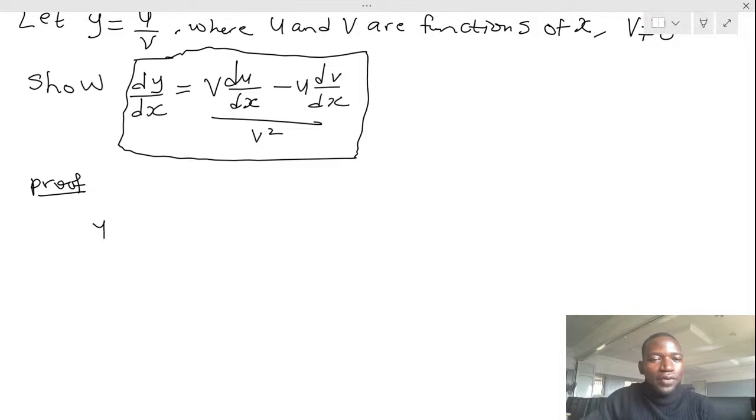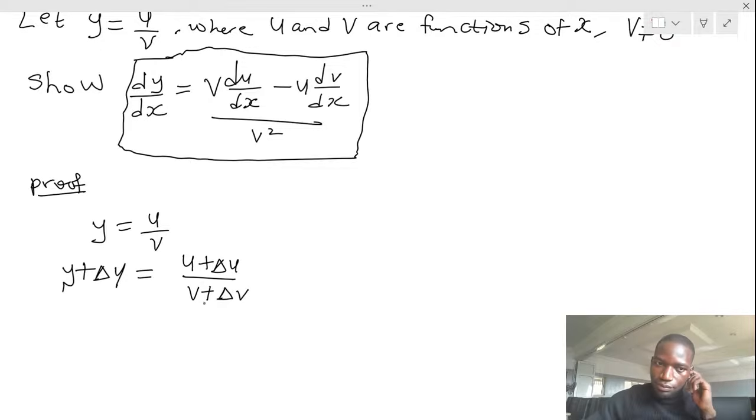If we have y equal to u over v, the first thing we did last time, I said we increase y by adding delta y, to find that change. Then you do the same thing to u, that'll be u plus delta u, then everything over v plus delta v. So the next thing is to bring this y to the other side.